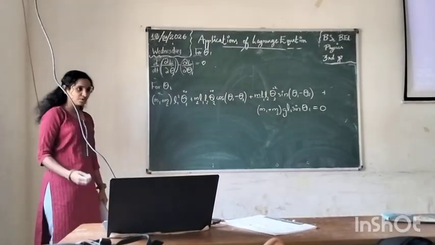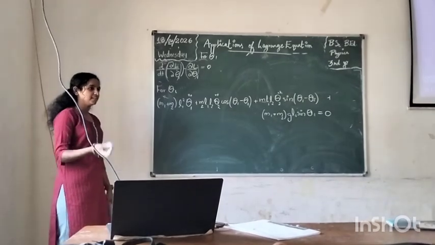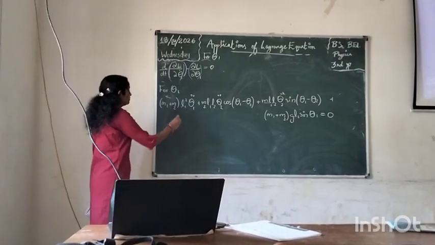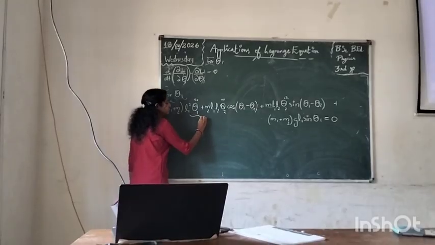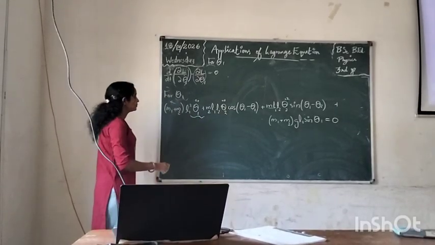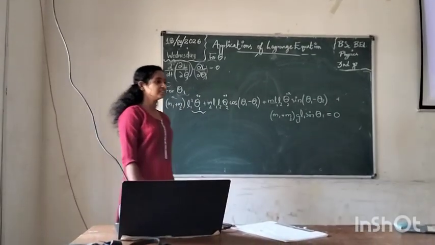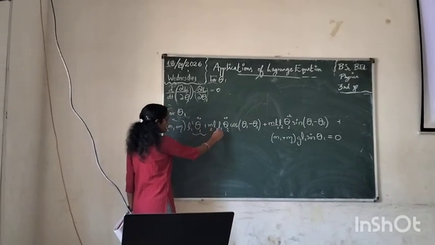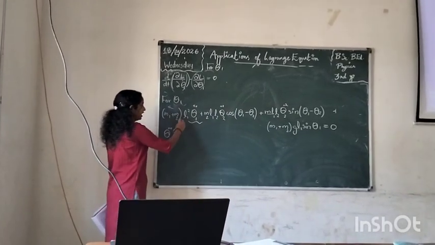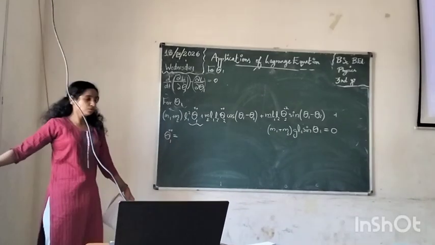Now what we have to find is acceleration. So for theta 1, the acceleration, theta 1 double dot, will be equal to all these terms divided by m1 plus m2 L1 square.